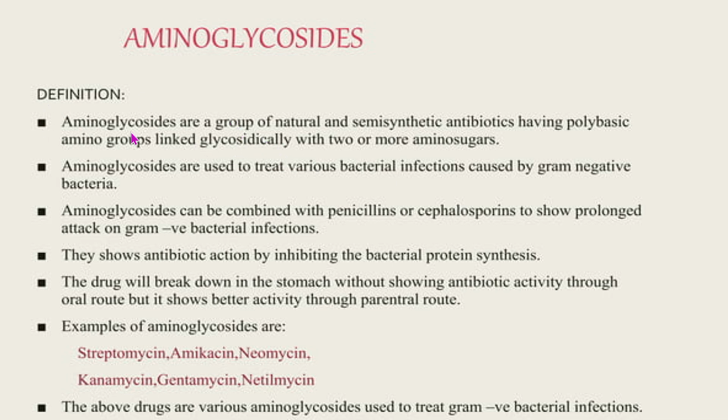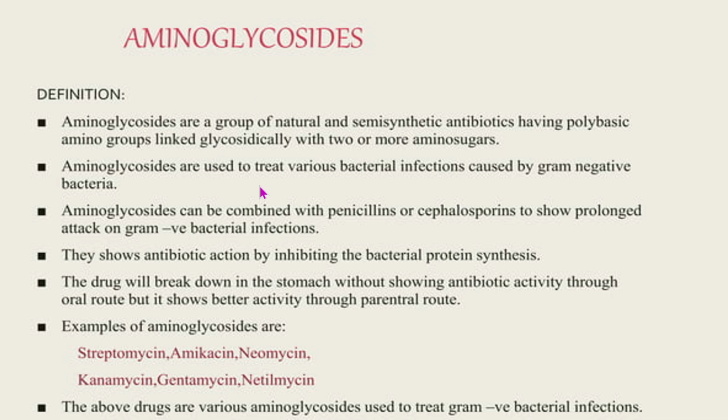So this is the definition of the aminoglycoside type of antibiotics. Once again we will revise. What are the aminoglycoside antibiotics? They are derived from natural or semi-synthetic origin, containing polybasic amino groups attached through glycosidic linkage with 2 or more amino sugars.